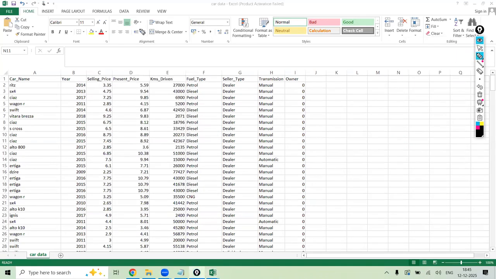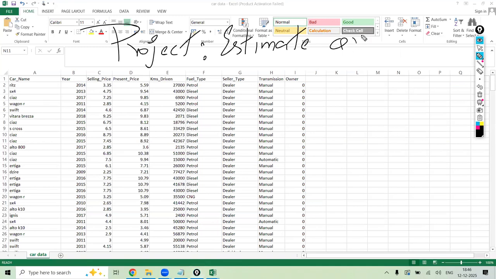The project requirement is to estimate the car price based on various features or parameters. So based on the various features, estimate the car price. That is what the project is about.